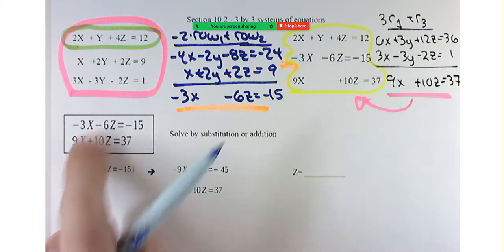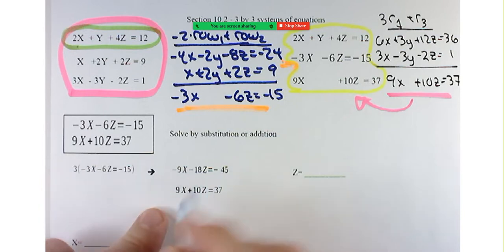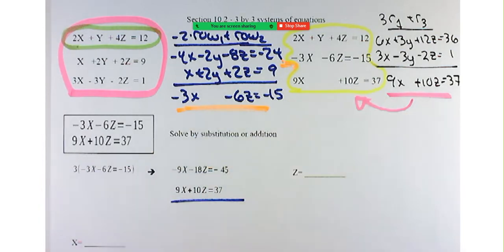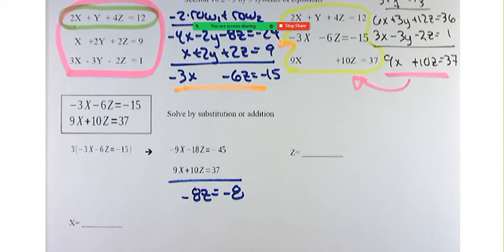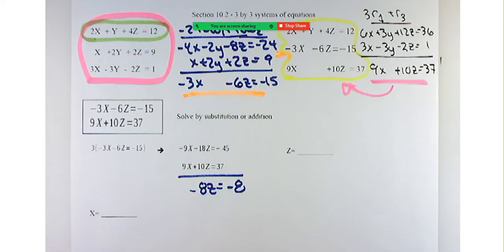So 3 times the top equation gives me this. When I add these two together, I end up with -8z equals -8. Nice. So then what? If -8z equals -8, what does z equal?